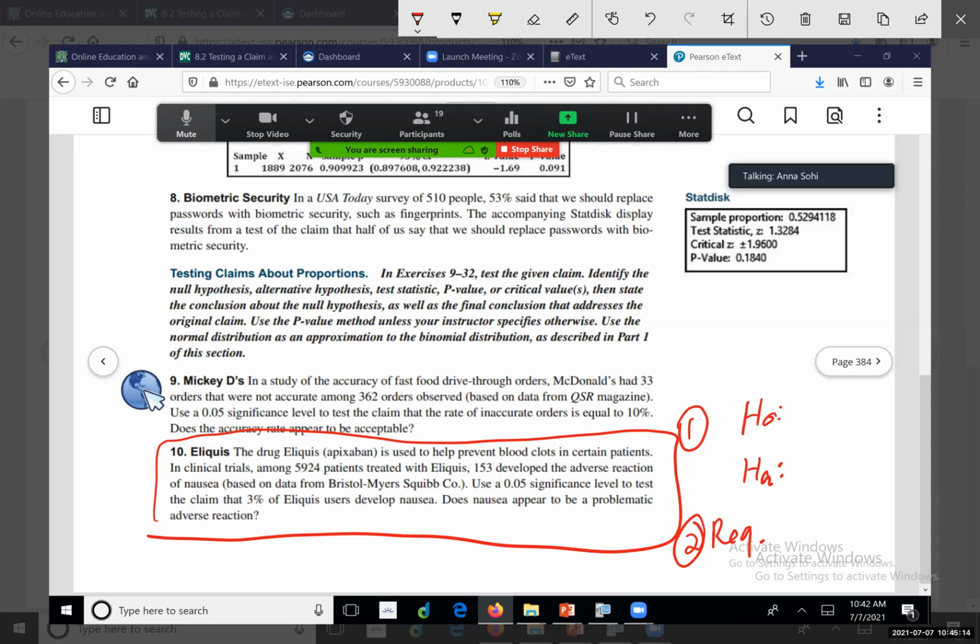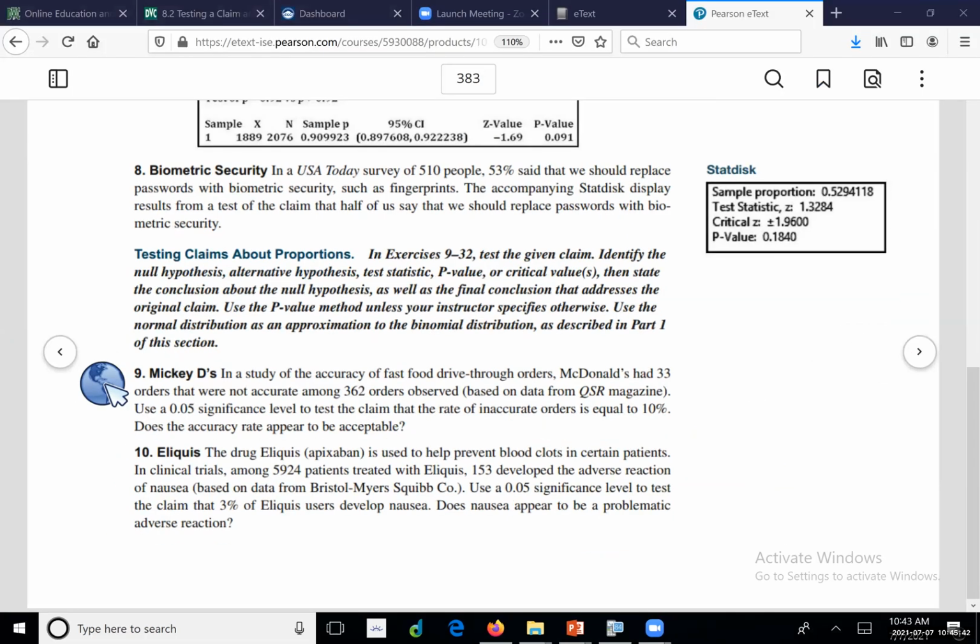I want you to tell me through chat what you have for the null hypothesis and alternative. Okay, time is up. So number 10, write me the null hypothesis and alternative hypothesis.